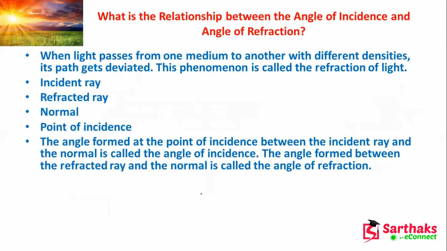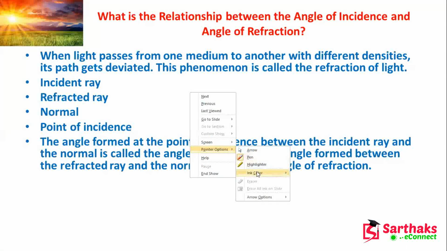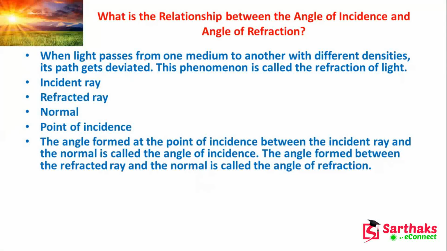What is the relationship between angle of incidence and angle of reflection? First let me change the ink color. Okay. When light passes from one medium to another, what happens? I am drawing here. This was the mirror, and the mirror is made of glass material.